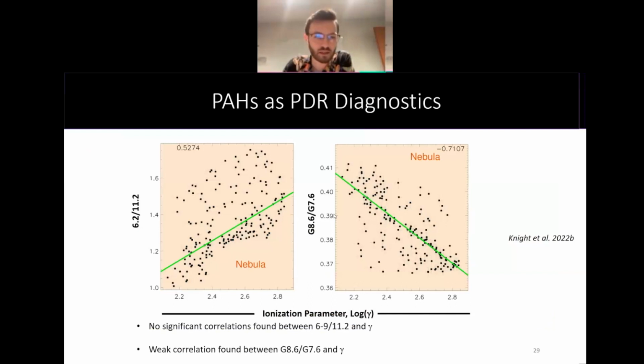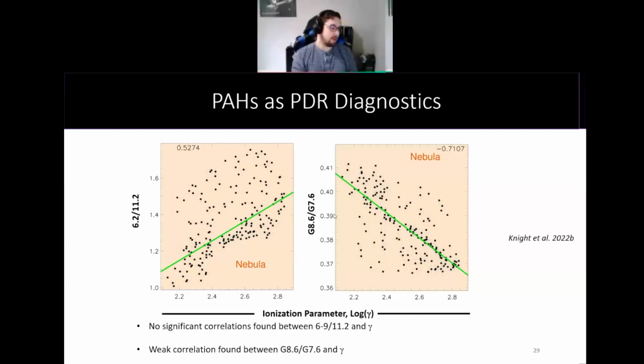Yes, the fact that you don't see much of a correlation in this, and there was a previous work that did, was the previous work looking at a similar system or this system in particular? So the previous work that I cited actually looked at the Orion bar, which was done by Galileo in 2008. So one reason for this may be the fact that we have more of a face-on morphology. So you get a wider range in geometries that you're tracing in terms of PDRs, whereas the Orion bar has a nice edge-on morphology.